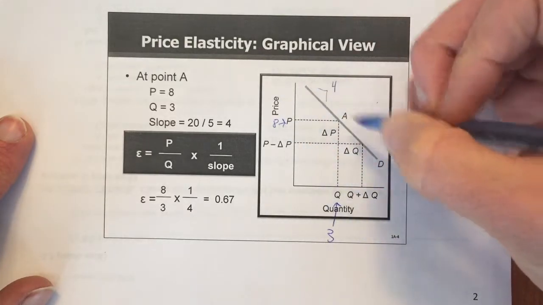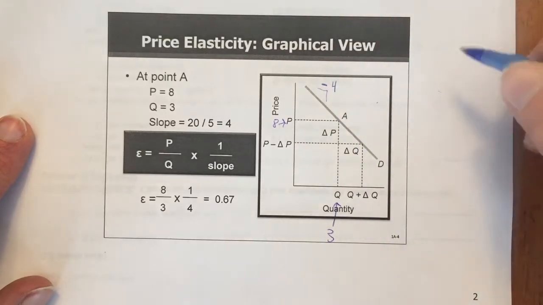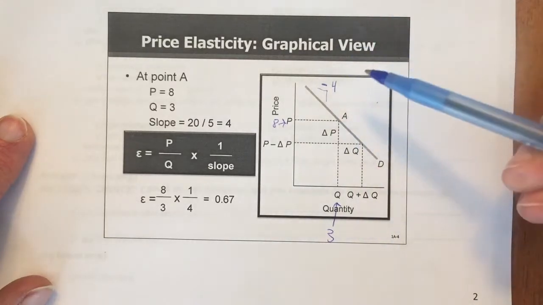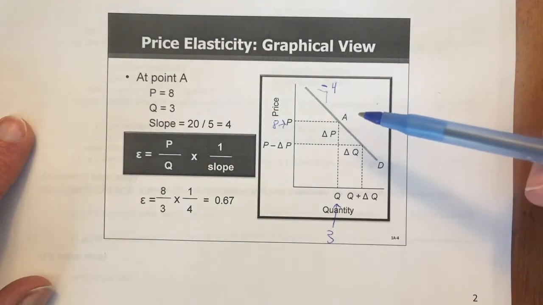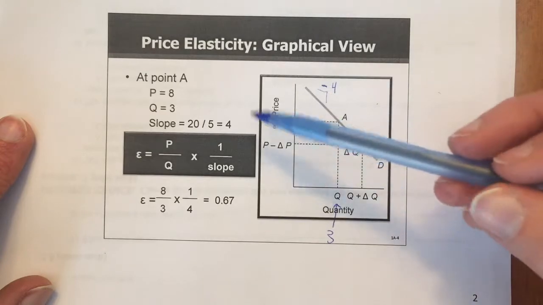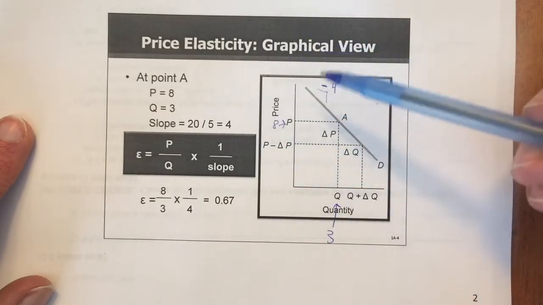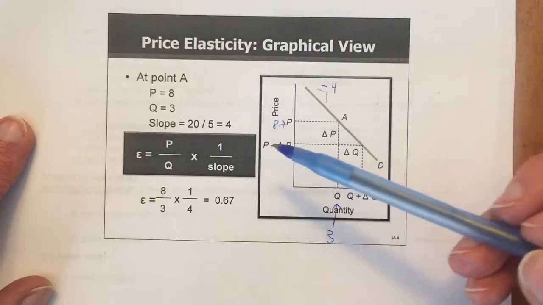Now note that this is negative, so it's actually going to be -4. But for elasticity of demand, we don't always put that negative sign. So just remember that the slope actually is negative, but that's why we're disregarding the negative right now.